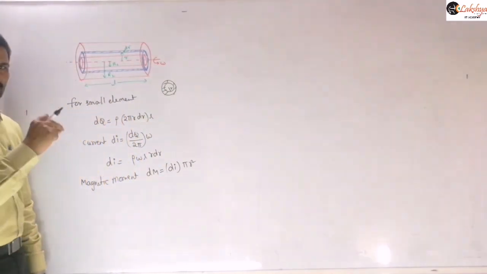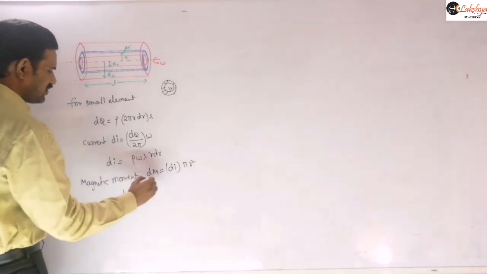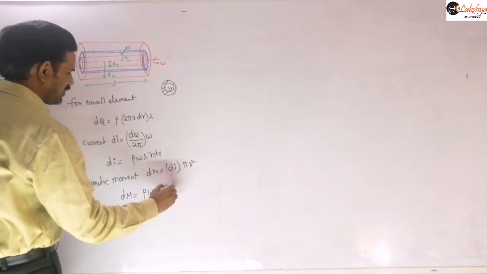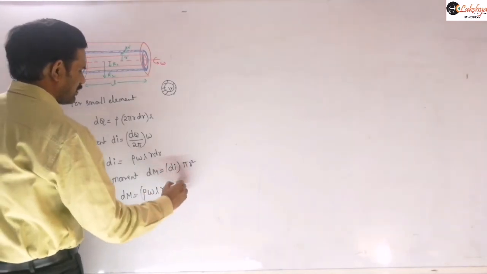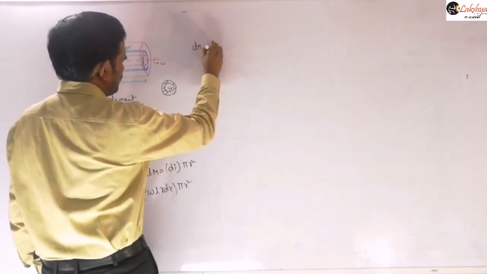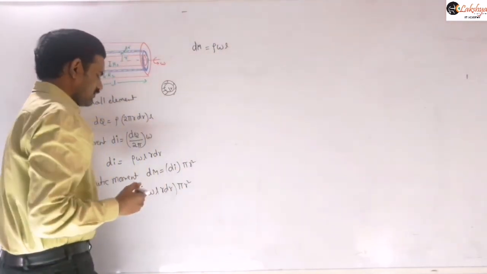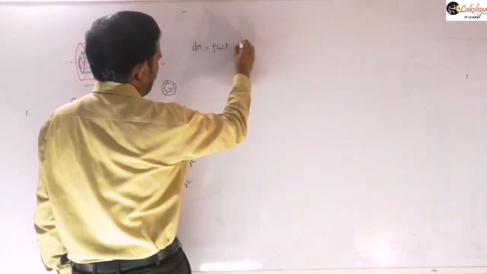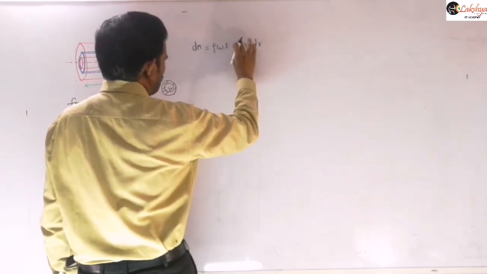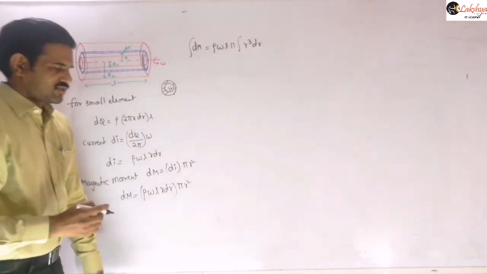Substituting di, dm is equal to rho omega L r dr into pi r square, so dm is equal to rho omega L into pi r cube dr. This pi is also constant, so you can write it outside. Then that gives our total magnetic moment.